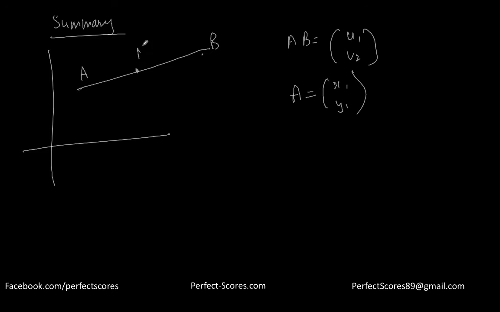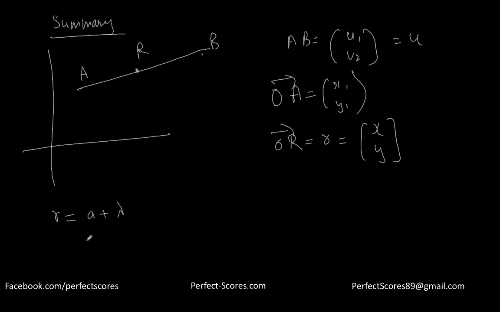Any point R on the vector, R being x and y, would be defined as R is equal to A plus lambda u. So this is known as the vector equation of that line.